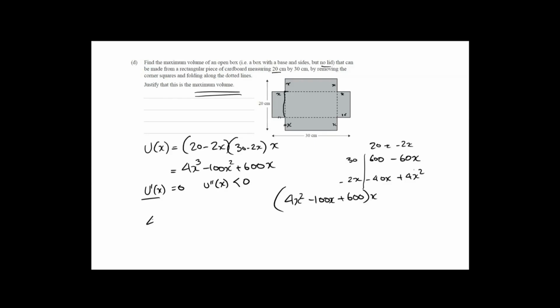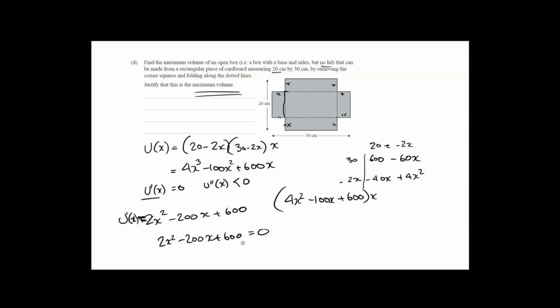So 4x cubed gives 12x squared, minus 200x plus 600. Just rewrite that. So 12x squared minus 200x plus 600. Yes, that works. And we're going to set that equal to 0.